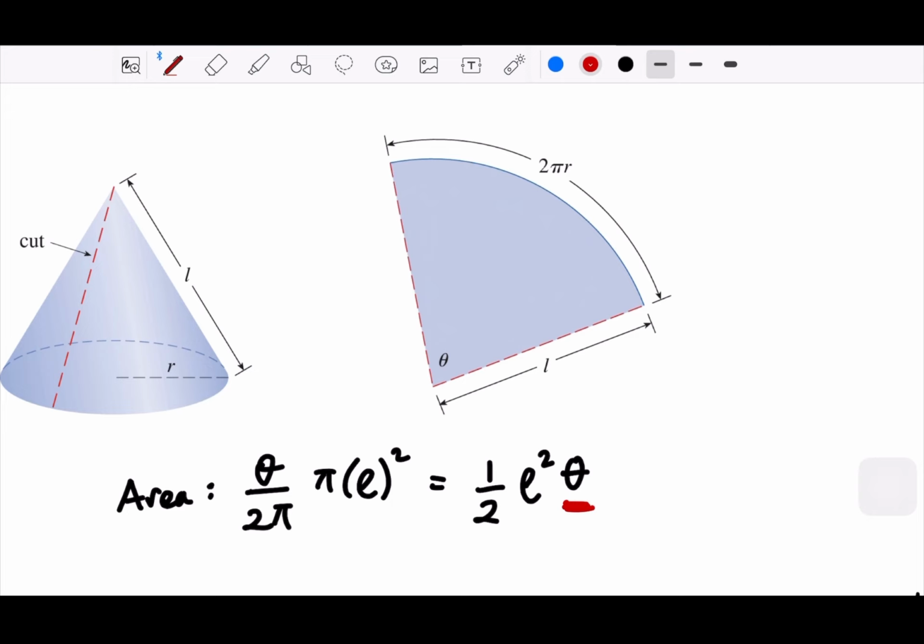Remember that this is a big circle, right? So this part here is also part of the circumference of a circle. So we could take the ratio theta over 2 pi, or let me just write directly that L theta is equal to 2 pi r.